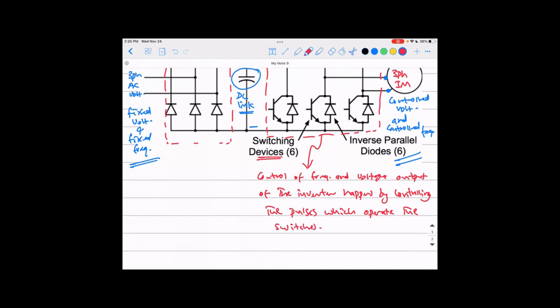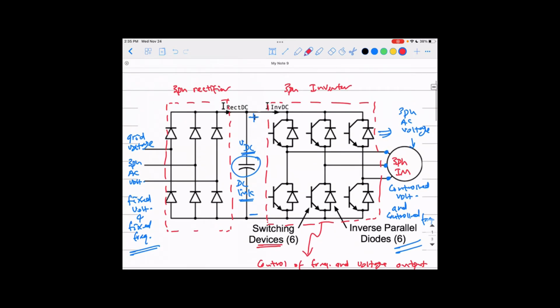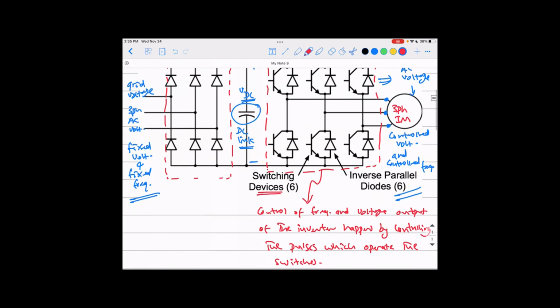This inverter has 6 switches, and those switches can open and close by applying pulses to them, as you already had in your power electronics and electronics courses. So if you can control the frequency and the rate of the pulses going into these switches, you can control the frequency and voltage out of this inverter, and by means of this control the frequency and voltage of your motor.